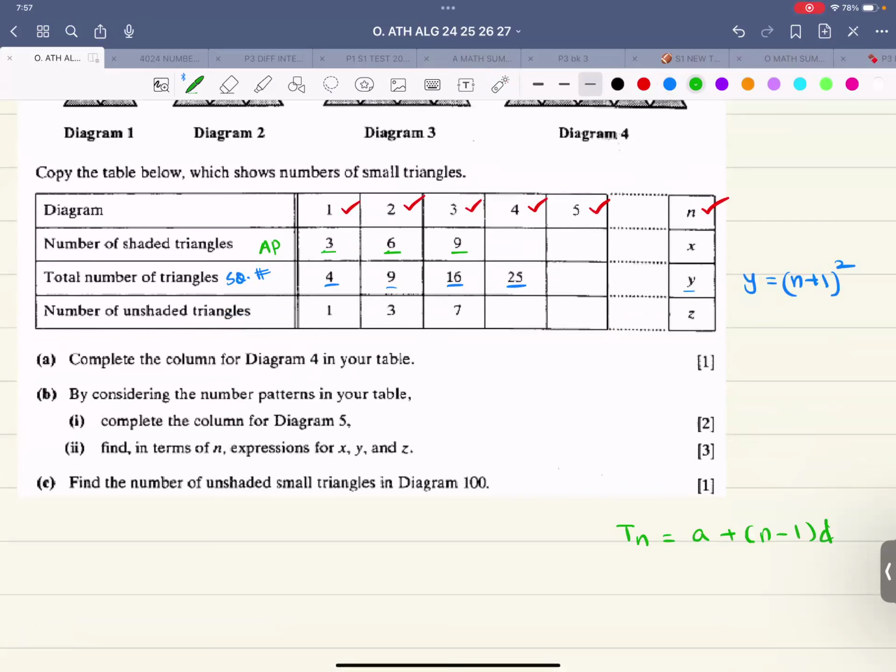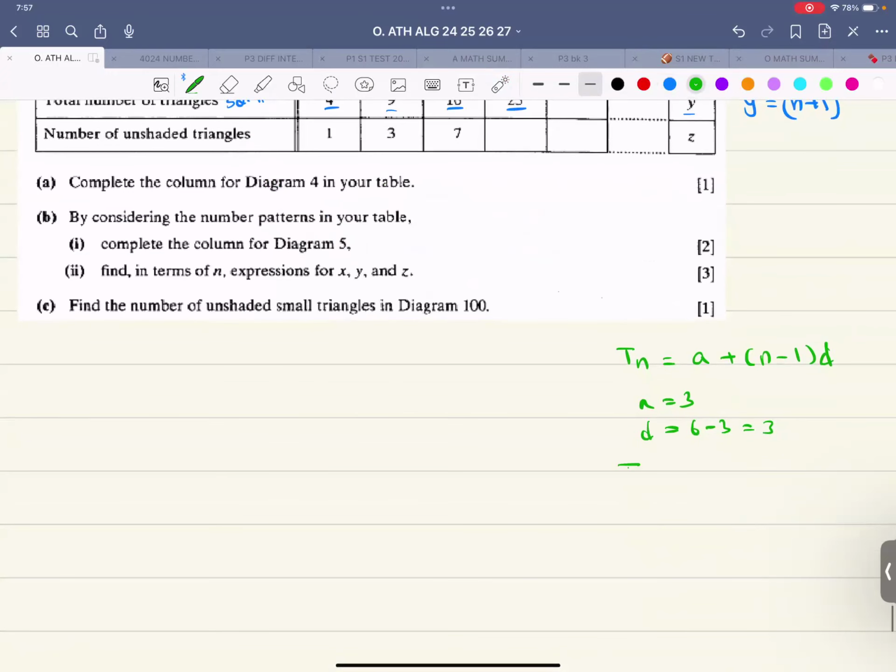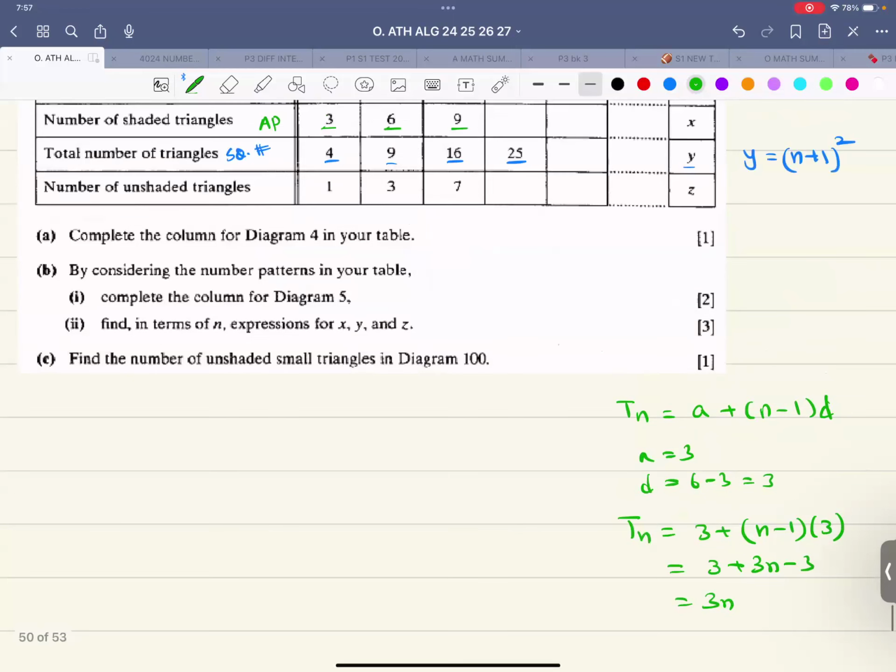That is an arithmetic sequence. The first term is 3. The common difference is 6 minus 3, which is also 3. So Tn is 3 plus n minus 1 into d. This is 3 plus 3n minus 3, which is simply 3n, which also makes sense.